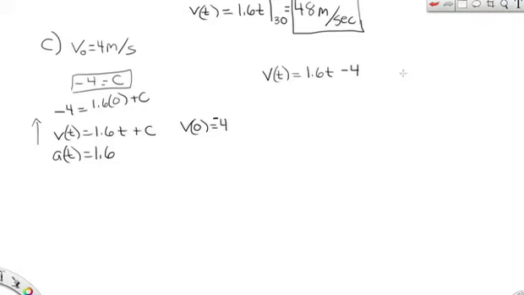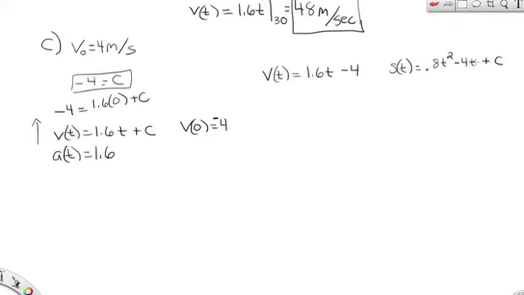So what does change is now I need to know what my new position equation is. So I need to find the antiderivative again. I get the antiderivative of 1.6t is 0.8 t squared, and the antiderivative of -4 becomes -4t plus c. I haven't changed that I'm starting at a position of 0.